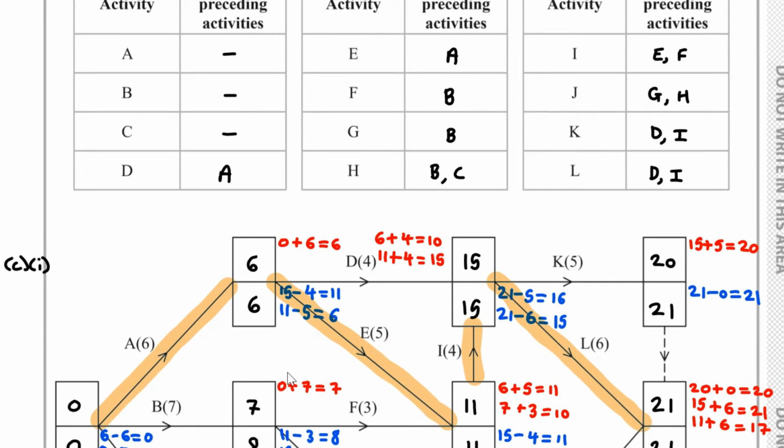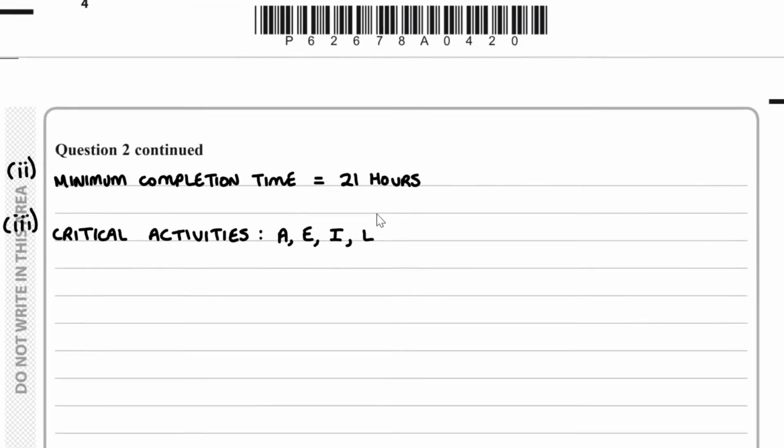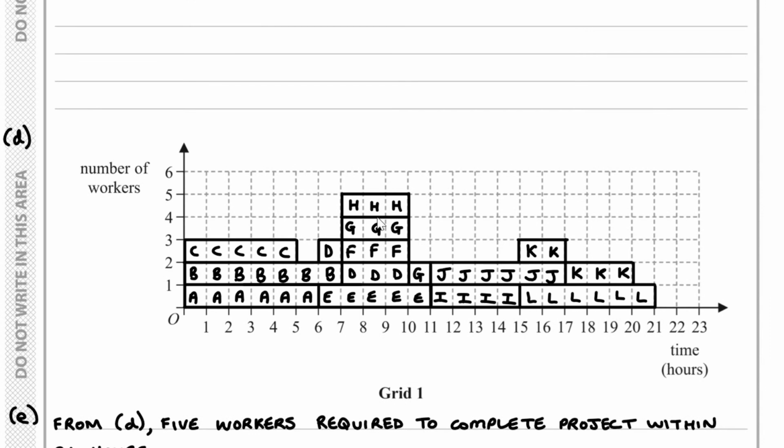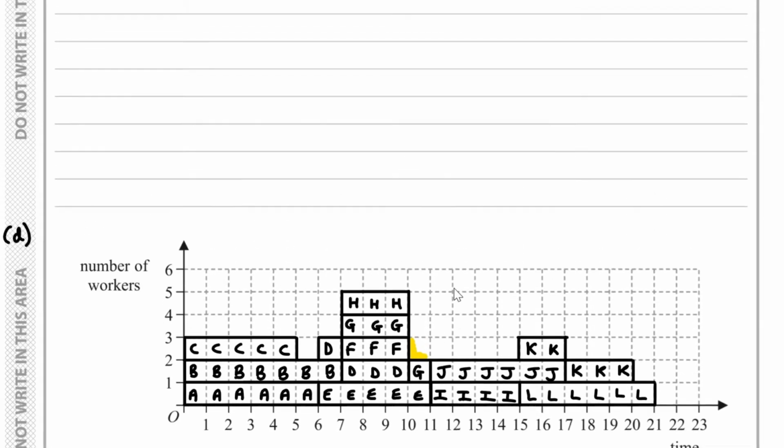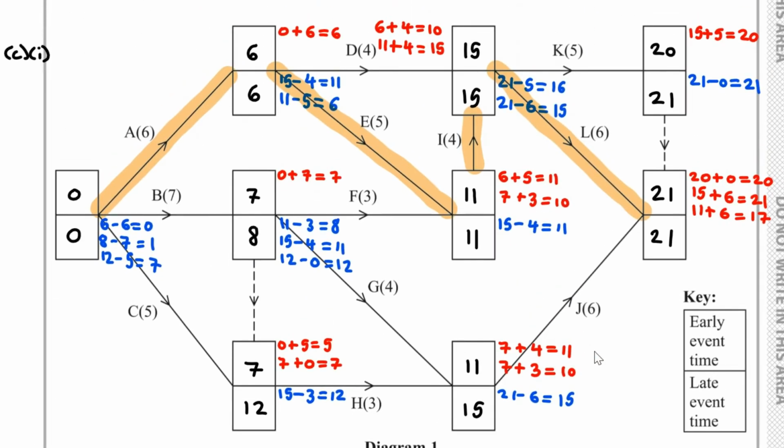So let's show this on the resource histogram. Let's show activity H on the resource histogram. So here, if we start H at 10, starts here, and we've got a duration of 3, but we have to see if this will affect any other activities, and clearly it does.